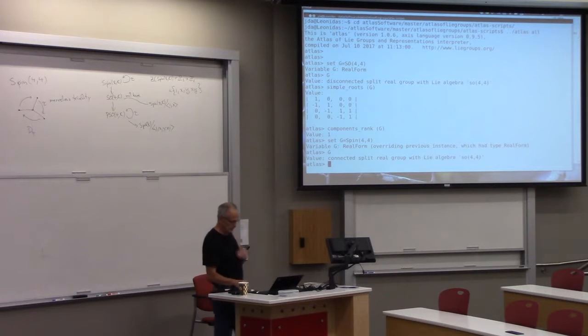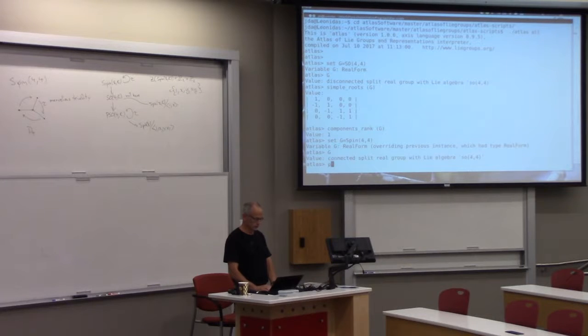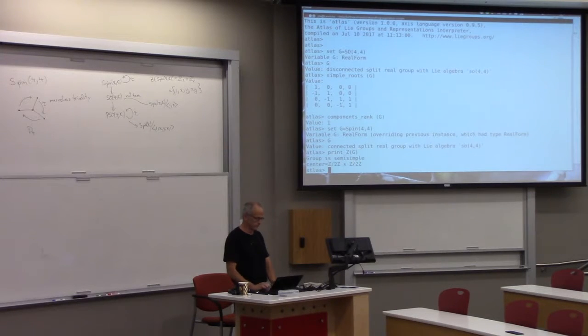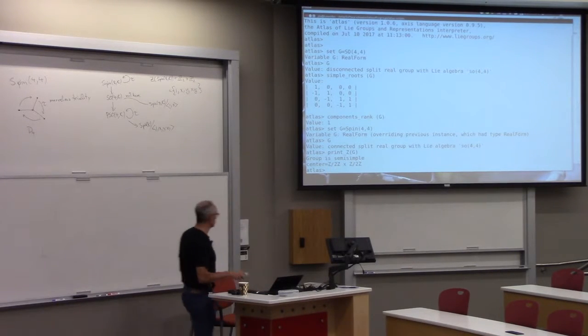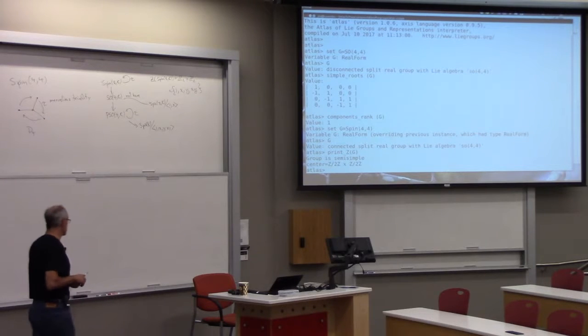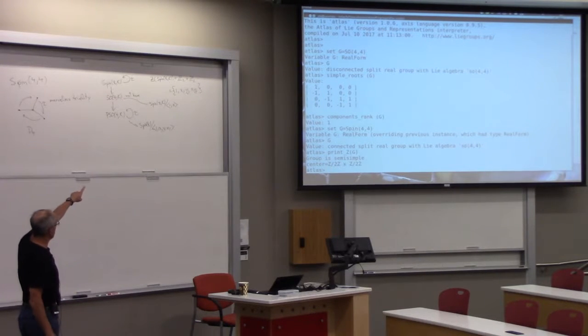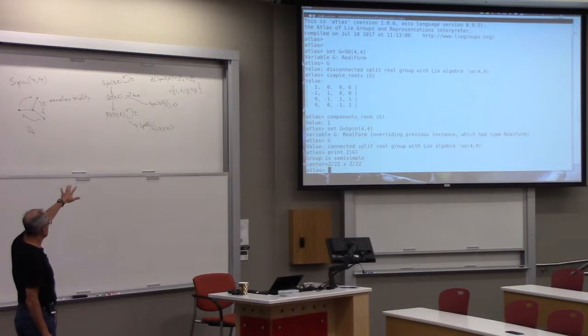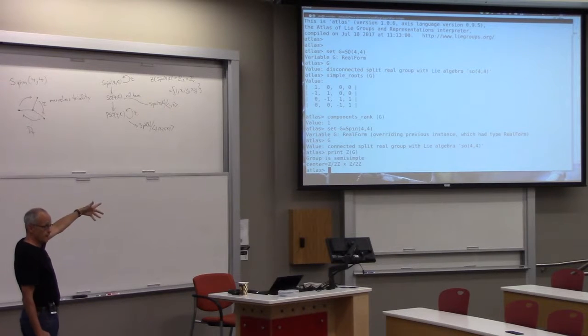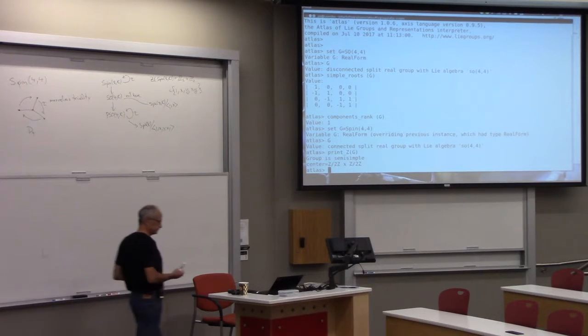And one thing you can do is look at the center. The group is semisimple, and the center is Z2 cross Z2. So the center of the whole complex group is contained in the real group. All right?